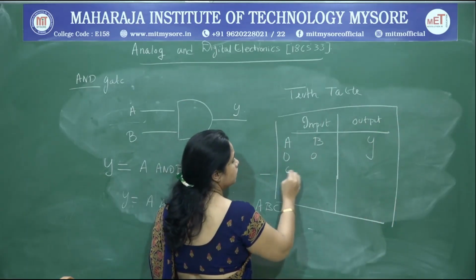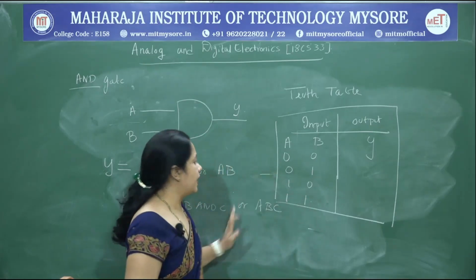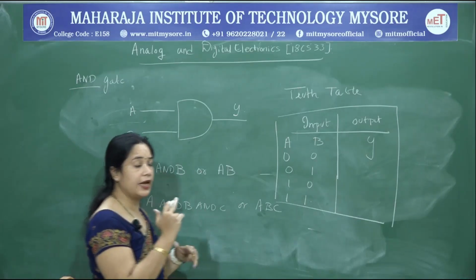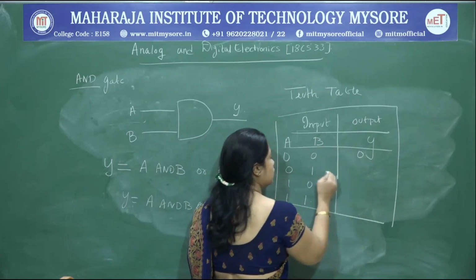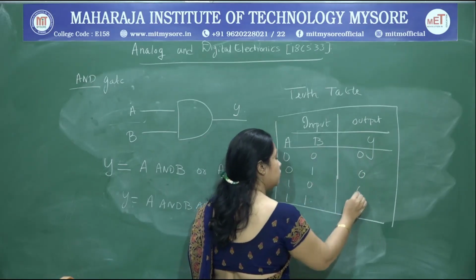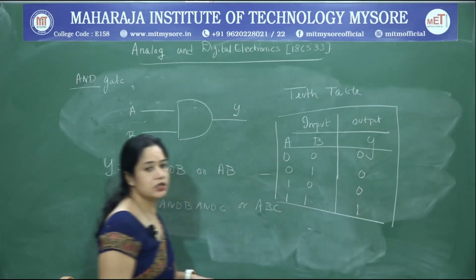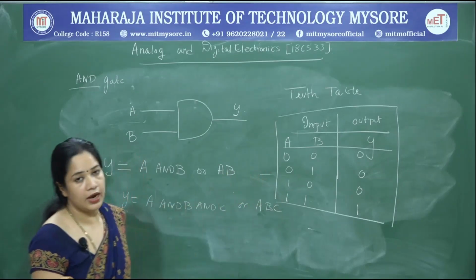So it is 0 0, 0 1, 1 0 and 1 1. As discussed, the output is 1 only when both A and B are 1. So 0 0, the output is 0; 0 1 is 0; 1 0 is 0; 1 1 is a 1. So this is the output truth table for a 2 input AND gate.